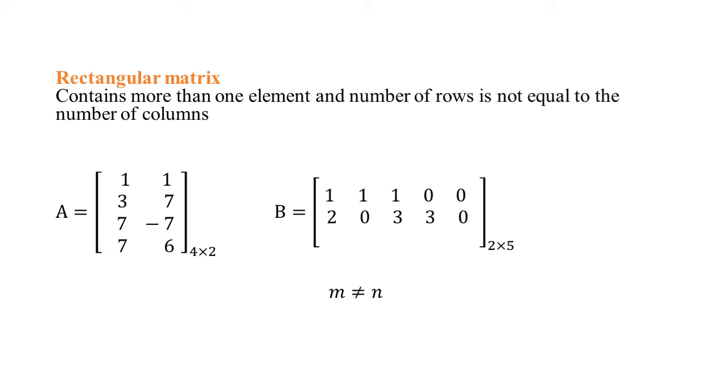So 2 cross 5. It has 2 rows and 5 columns. The rows and columns are not equal, so we can say that this matrix B is a rectangular matrix. As a general rule, we can say that the number of rows m is not equal to the number of columns n for a rectangular matrix.